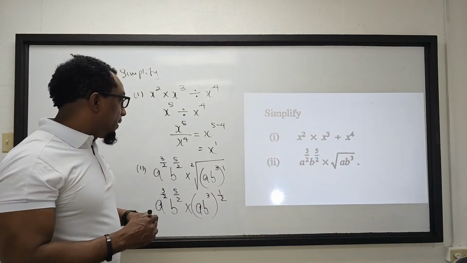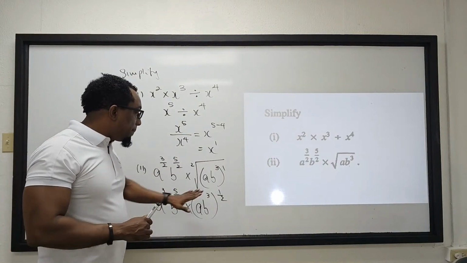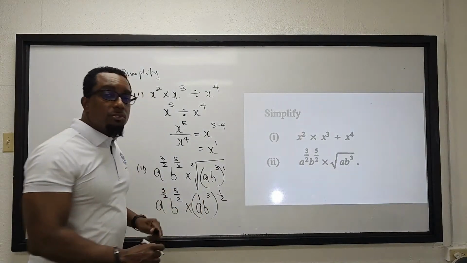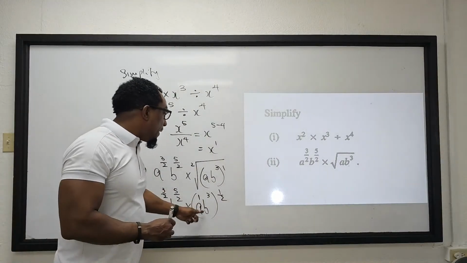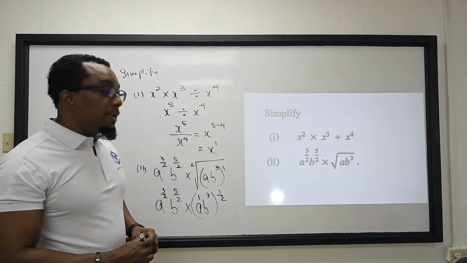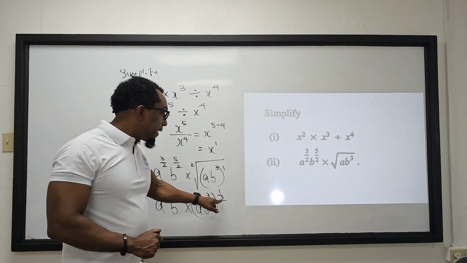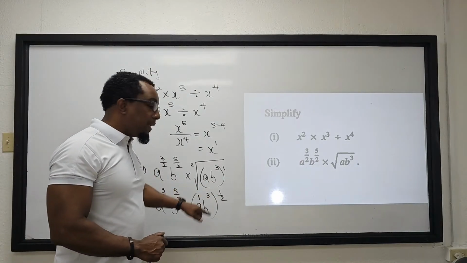And what we're going to do here now is to apply power to a power. a has a power of 1, it's understood, it's not seen. b has a power of 3. So we are applying the law of power to a power where I'm taking the power outside and I'm going to multiply by the power within.